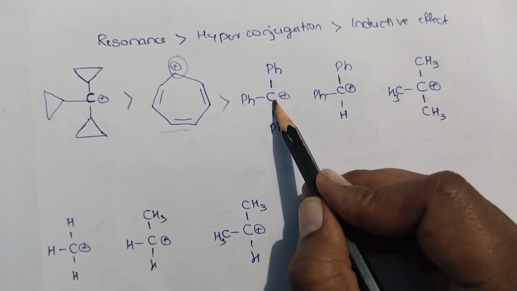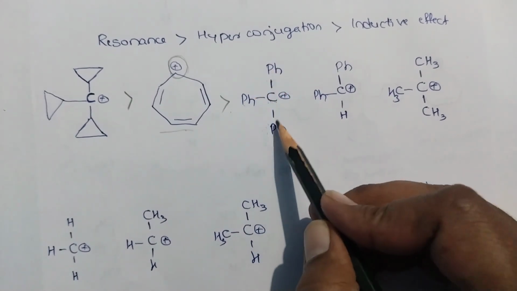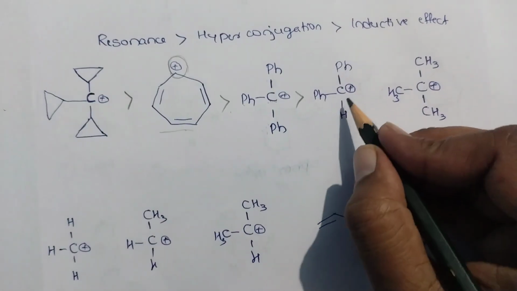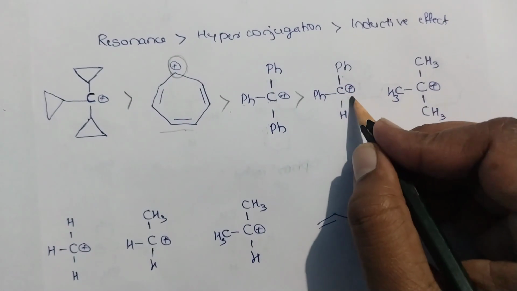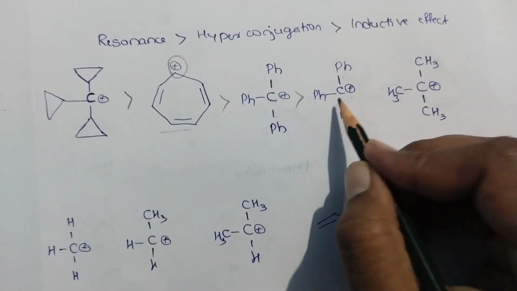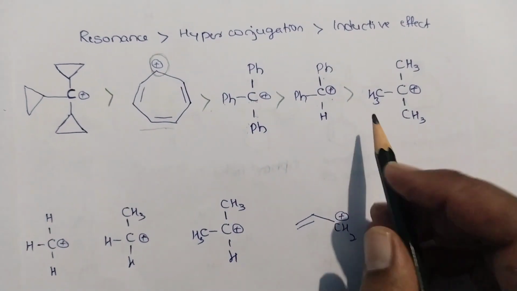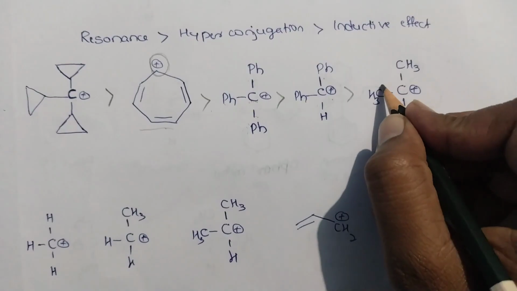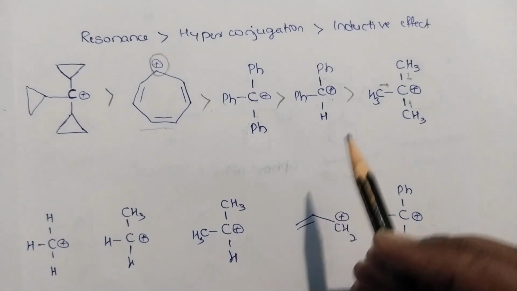Here we have this methyl carbocation having three phenyl groups, so there is more resonance, hence this is more stable than the methyl carbocation having 2 phenyl groups. This is diphenyl methyl carbocation, because the resonance is more here than here. Then the next one, here you can find both inductive as well as hyperconjugation effects.